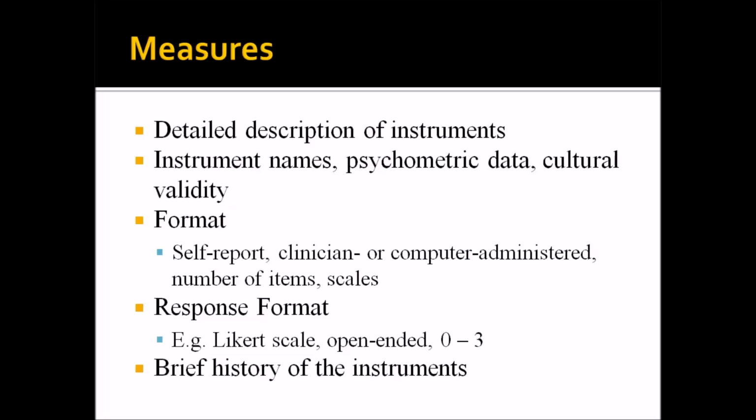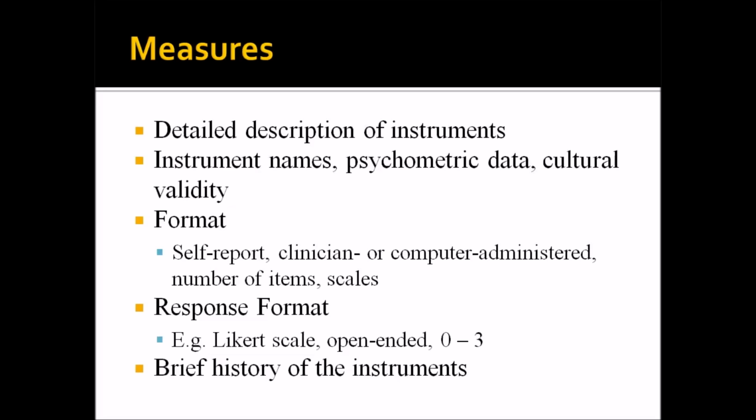Symptom checklists often use a 0 through 3 or a 0 through 4 type format, where the 0 represents no symptoms in the last 2 weeks, and the 3 could represent a lot of symptoms in the last 2 weeks. So in instances like that, where you have a numeric selection that the client makes on an instrument, make sure to list what each number represents.